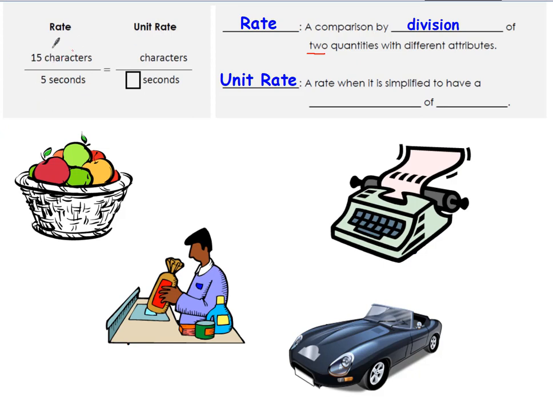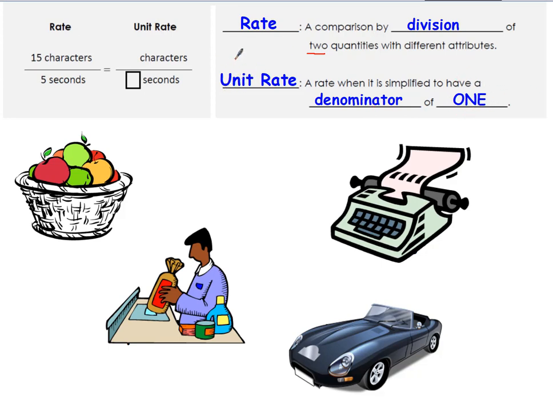A rate, for example, here I have 15 characters and 5 seconds. Characters and seconds are two different attributes. A ratio would be characters to characters or seconds to seconds. Okay, a unit rate, when simplified, has a denominator of 1. So that's your keyword.